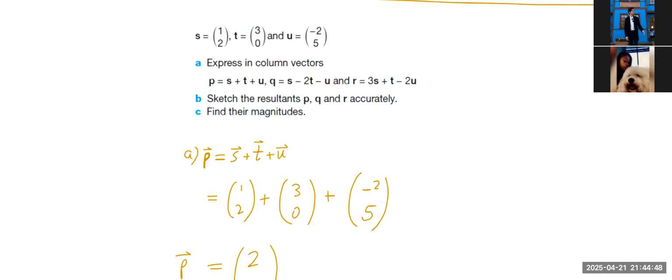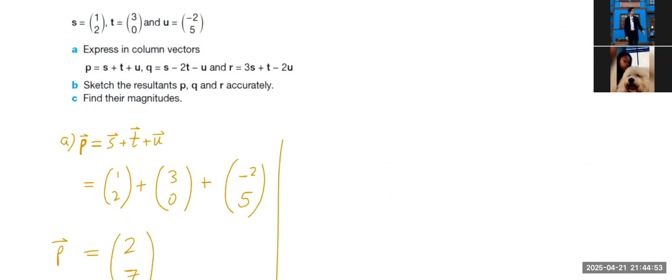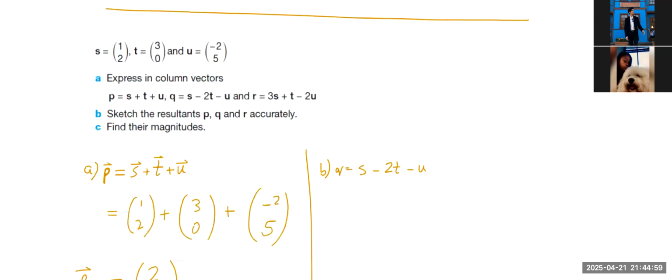Now try to find q. q is s minus 2t minus u. So let's write it down first. s is (1, 2), minus 2 times t is this, minus u is this.